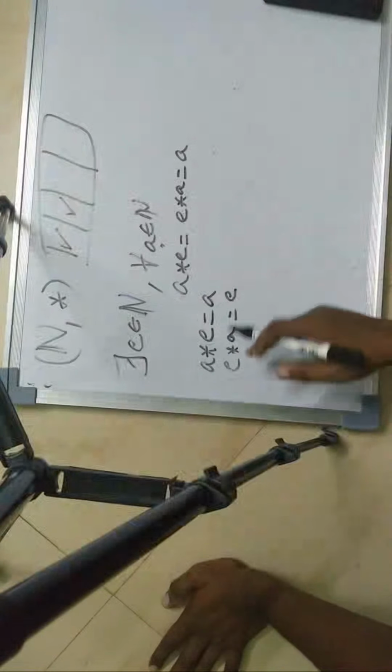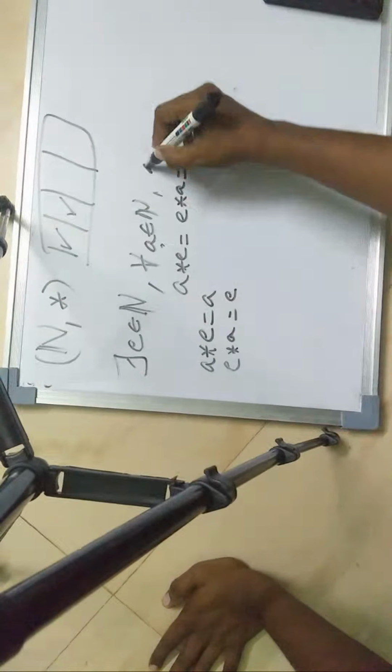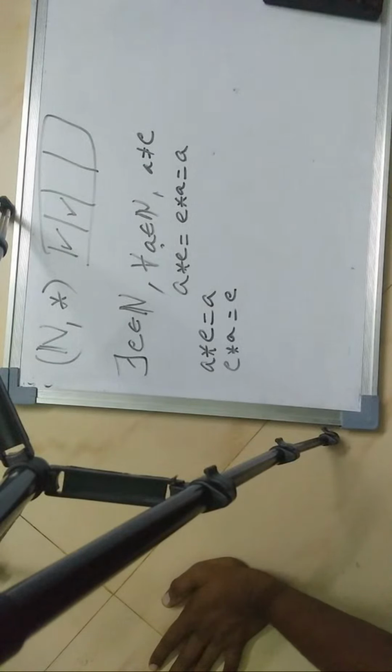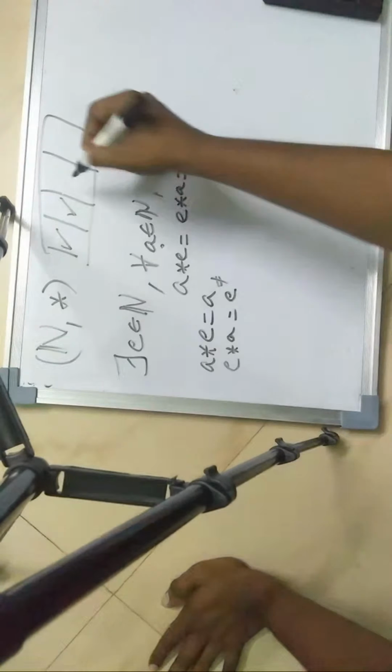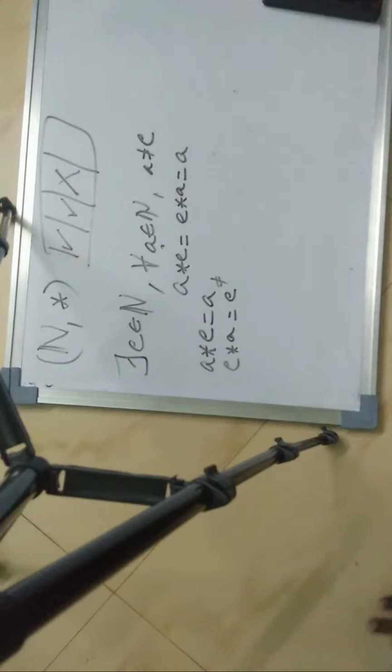But if you had taken any other element other than identity, this is not equal. And hence the identity axiom is not satisfied, and hence this does not form a group.